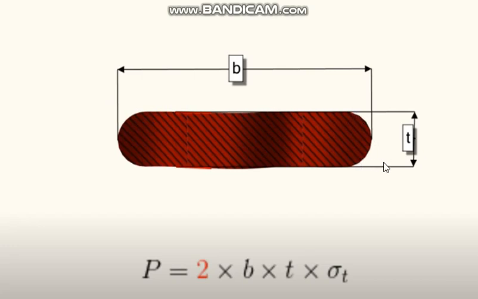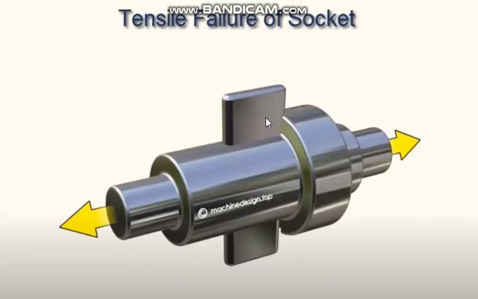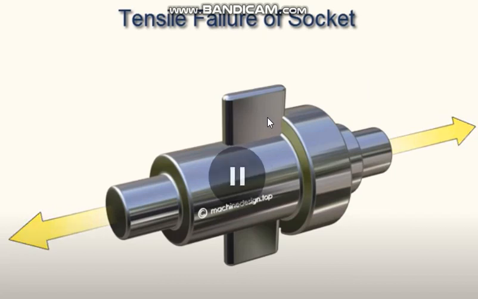So the area will be breadth b into t, and it is failing not in one place but two places. Therefore it is two times. That was the failure of the cutter in shear, in double shear. Double shear means in two places, top also, bottom also.